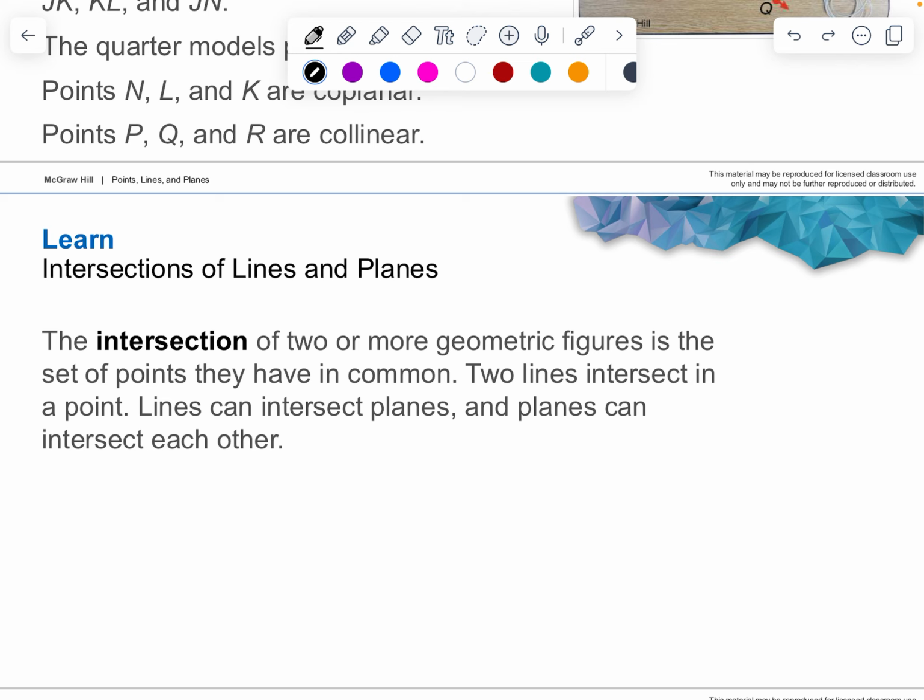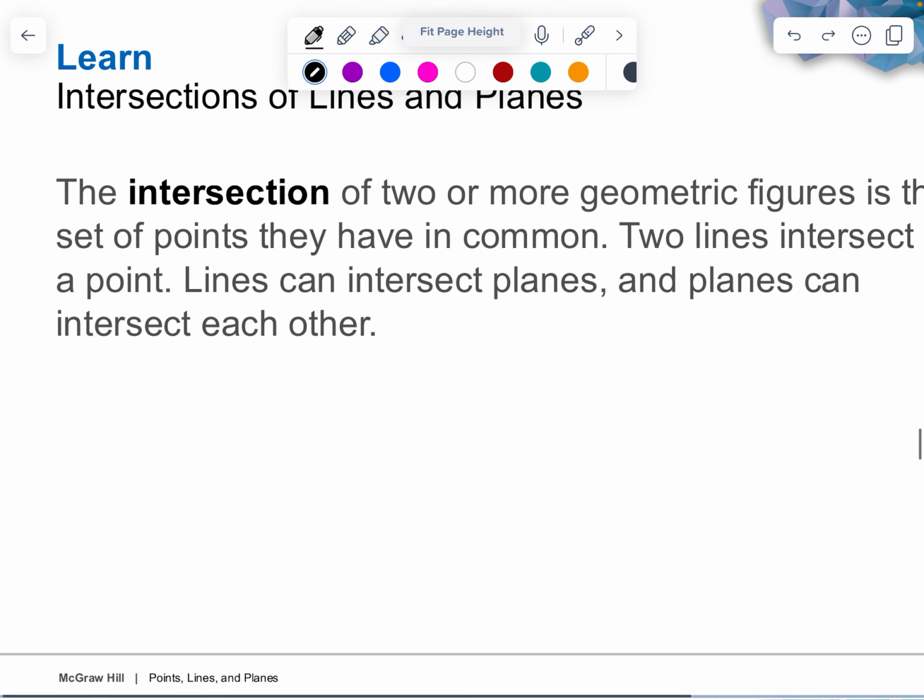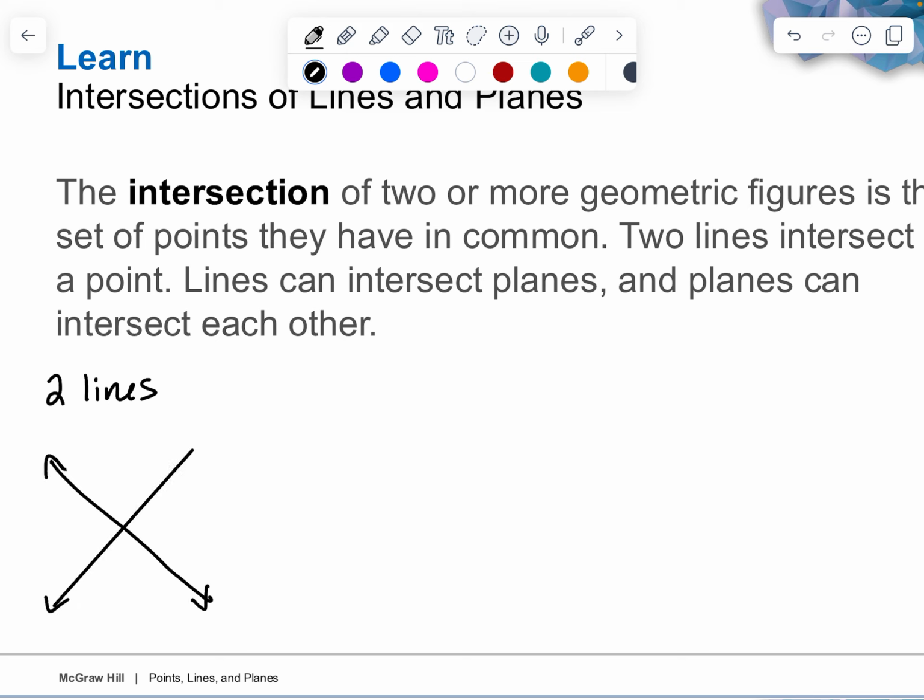So, show that. If we have 2 lines, we go like this. There we go. At a point. They intersect.